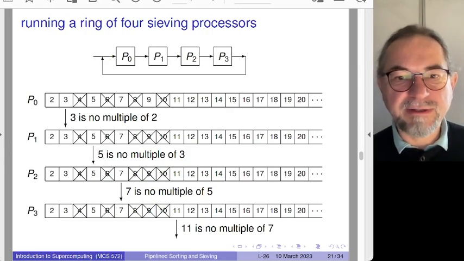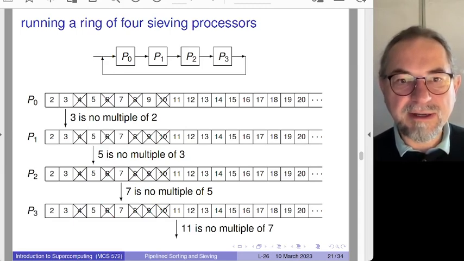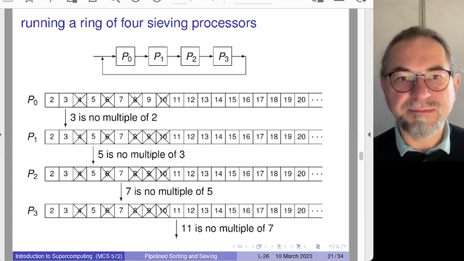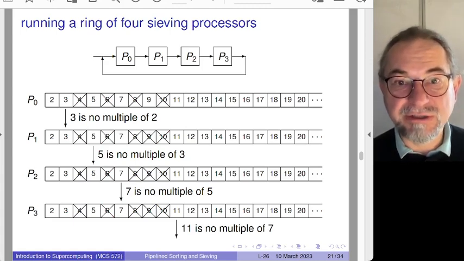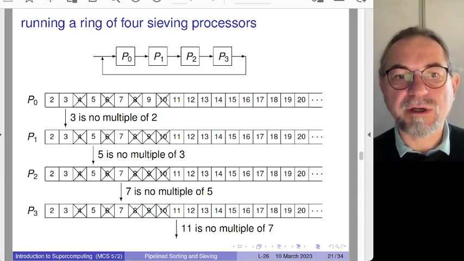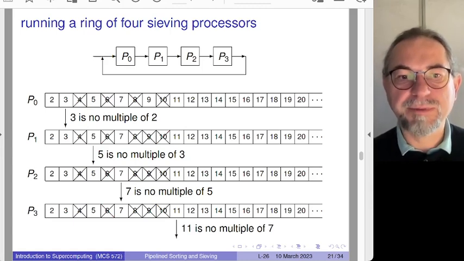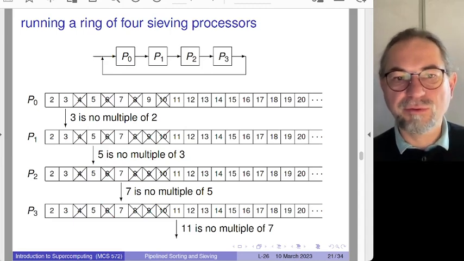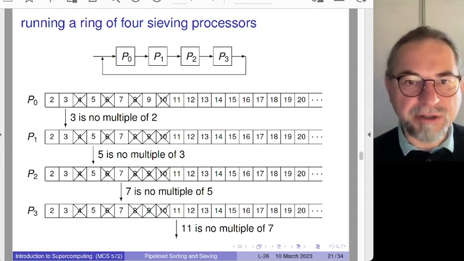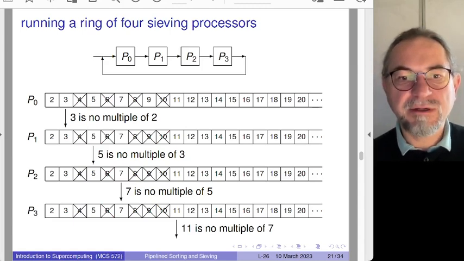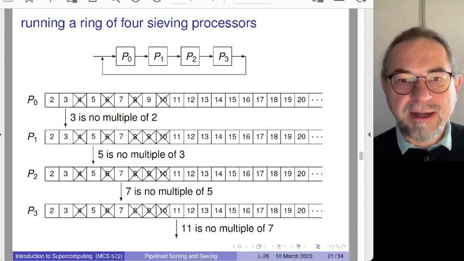So here is the ring. At the moment when 3 is sent as it has no multiple, processor 0 will have already removed many multiples of 2, sending that through. 5 will be sent through with the partially removed numbers, then 7 will be the next prime, and 11.